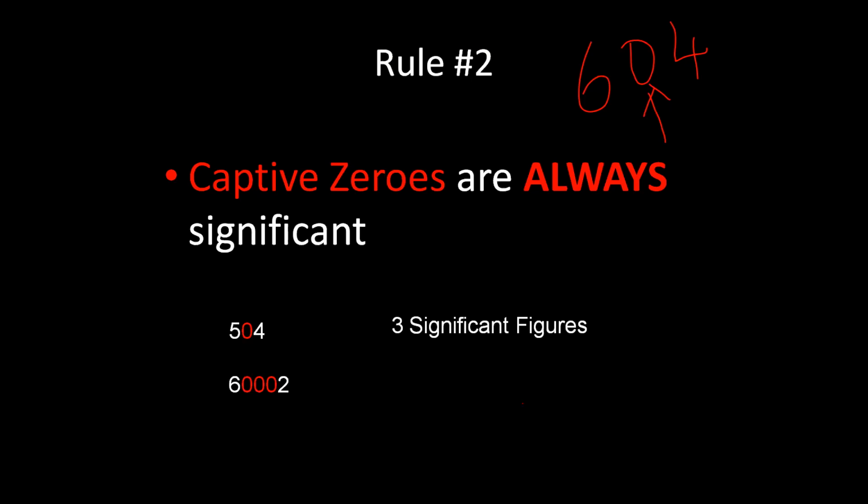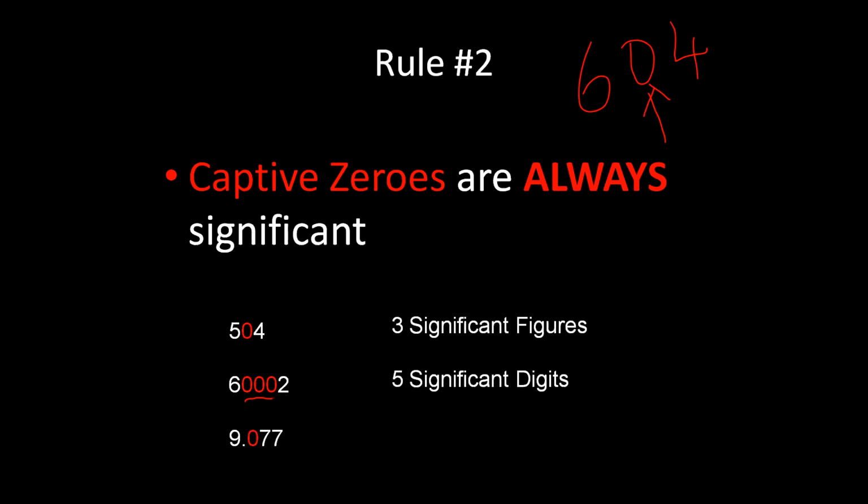Look into another number, 60,002. In this, 6 and 2 are significant as per rule number 1. And look at the 3 zeros in the middle. They are captive zeros, captivated between 6 and 2, right? So they are also significant. So the total number of significant figures in the number 60,002 is going to be 5.